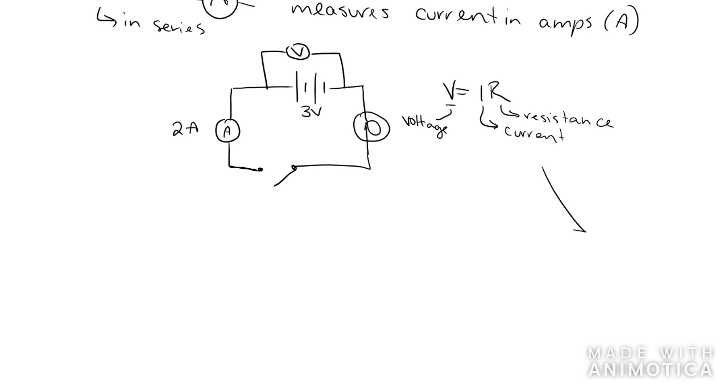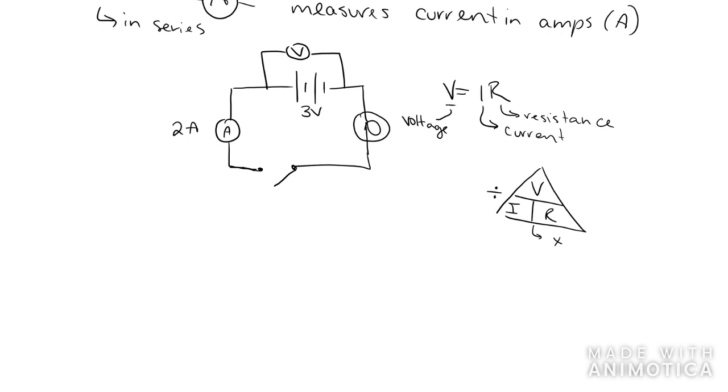You can always do the triangle as well, where you have voltage at the top, I and R at the bottom, and whatever you're looking for, you cover up. Say we cover up this one. So R is equal to V divided by I, because this line means divide and this line means multiply.